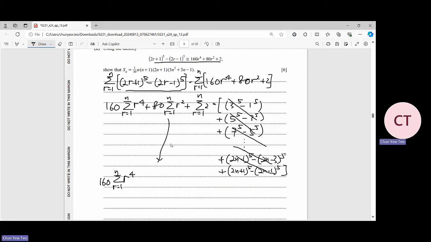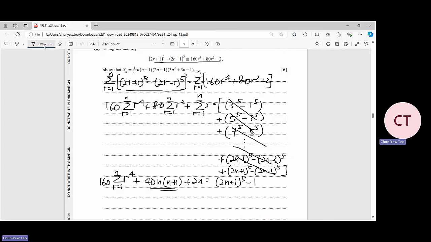Apply the result from part A. You will get this one as 40n, n plus 1. Then this one is 2n equals 2n plus 1 power 5 minus 1. Okay, so now what you need to do is, oh, sorry, I made a mistake.